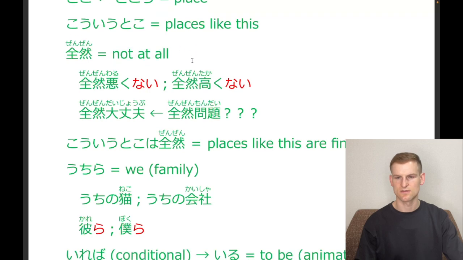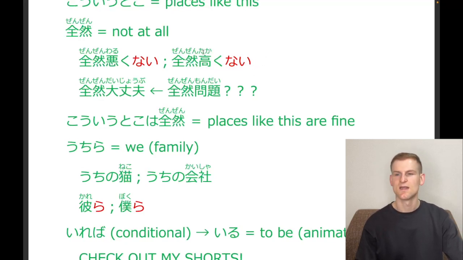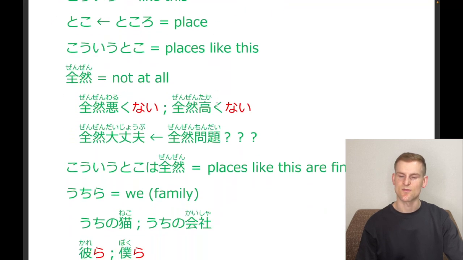Because it's not at all. So like 全然悪くない, not bad, 悪い, bad, not bad at all. 全然高くない, not expensive at all. That's how it should be used technically, but these days, people use it for positive words as well.